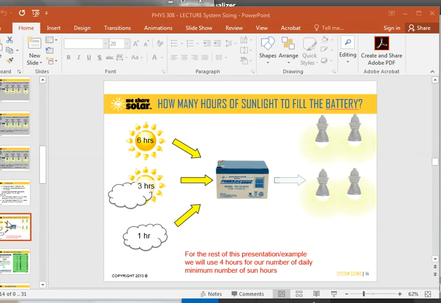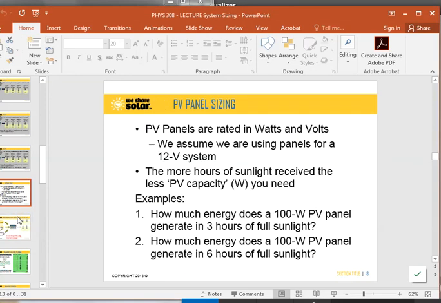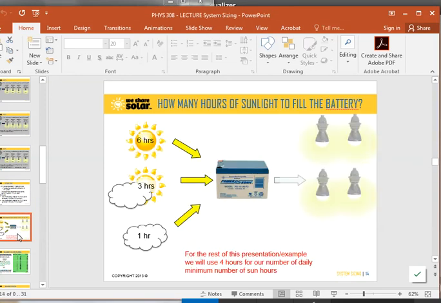So, here's the thing. The sun is not out all the time. I mean, maybe that's obvious, but what do we mean when we say that there's 6 hours of sunlight? Do we mean 6 hours that the sun is right up overhead? Because we know that's not true. Maybe some of the time it's going to be behind the clouds, and some of the time it's totally cloudy, right?